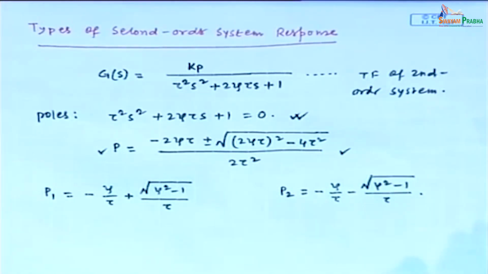Fine, these are the two poles. Now, we will categorize the system response based on the value of zeta.